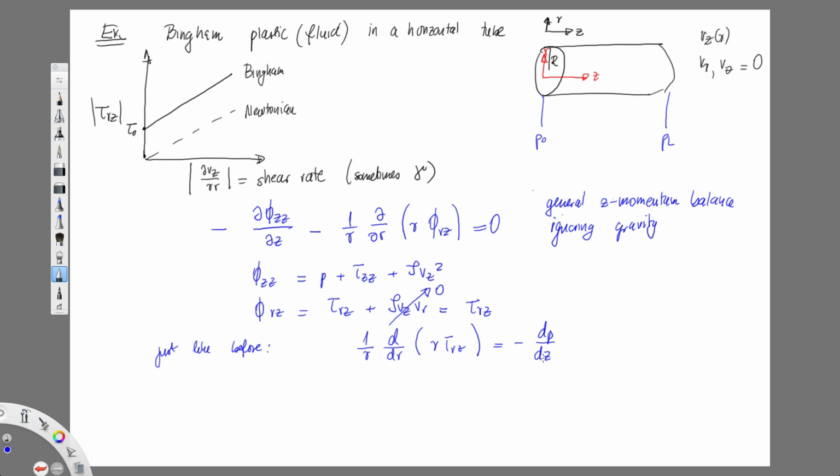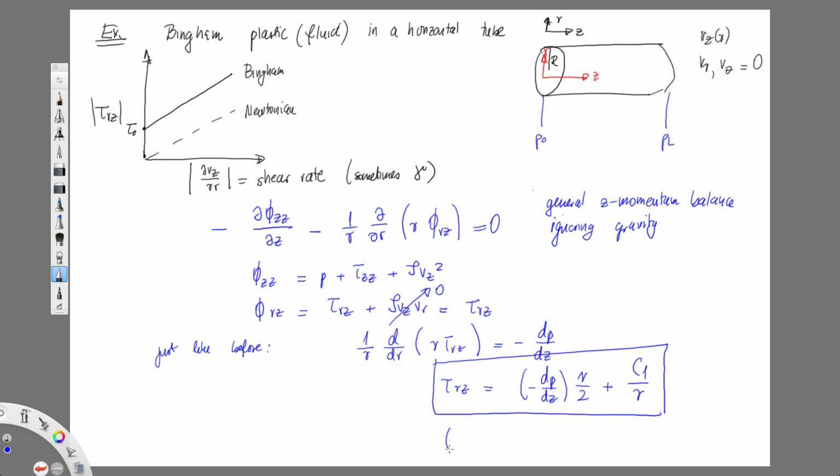Just like before, without saying what tau rz is, I can still solve for it. It's going to be minus dp dz r over 2 plus c1 divided by r. So this was the same as before.